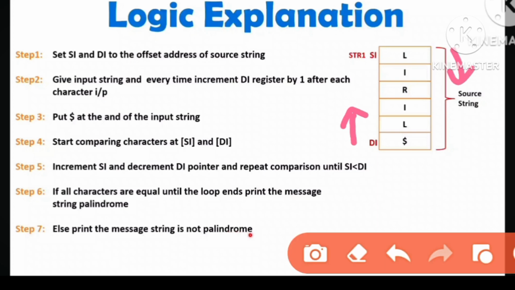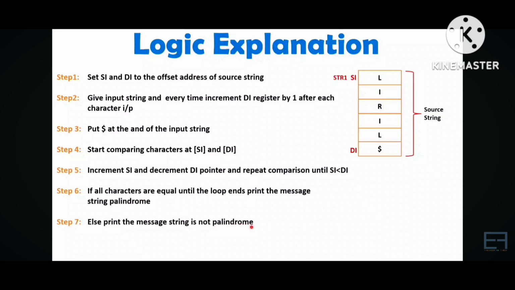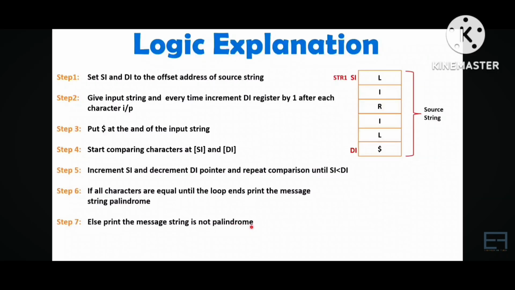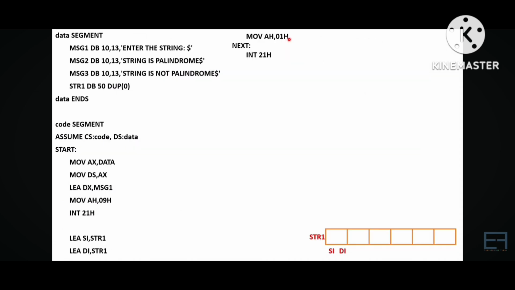For example, if SI and DI point to the same character, the loop will not repeat. If all the characters are equal until the loop ends, we need to print "string is palindrome", else we print "string is not palindrome". Finally, you have to terminate the program.